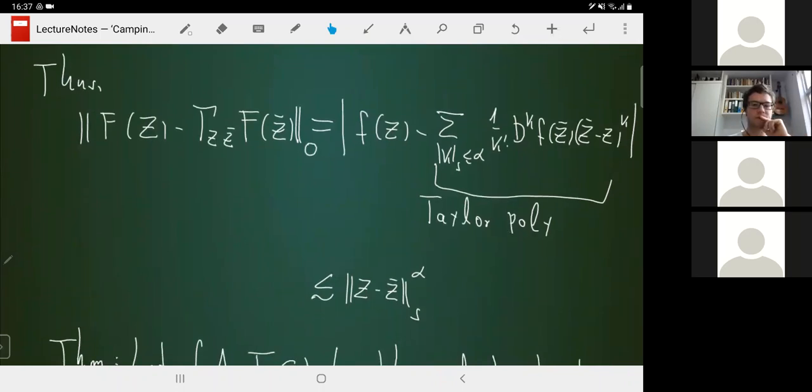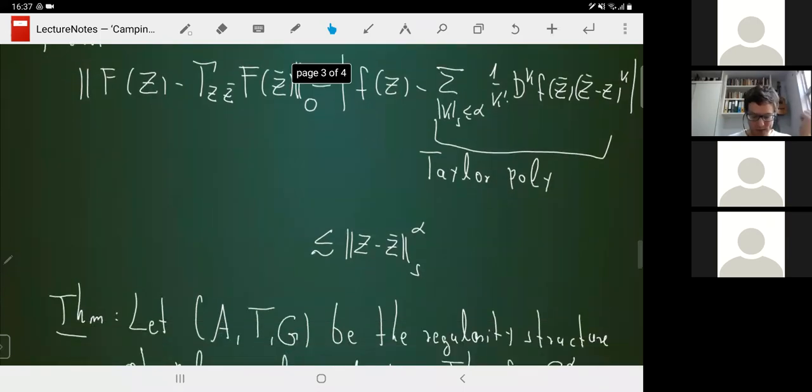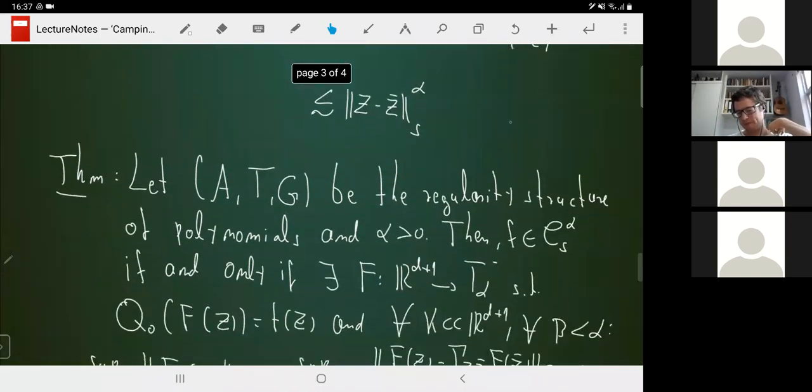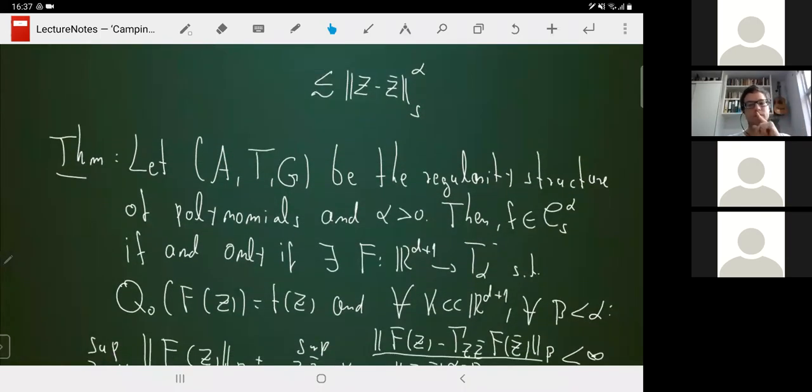Even if alpha is an integer, we need to check? Yeah, I think so. Because my impression is that, but maybe you want to exclude the integers. I'm not completely sure. Yeah, maybe you want to exclude the integers here.